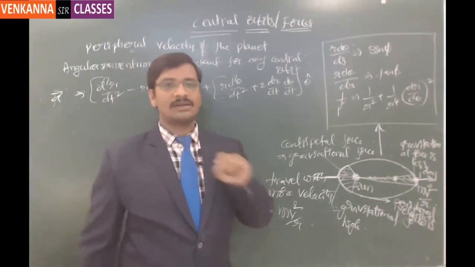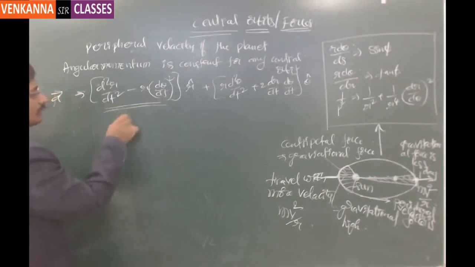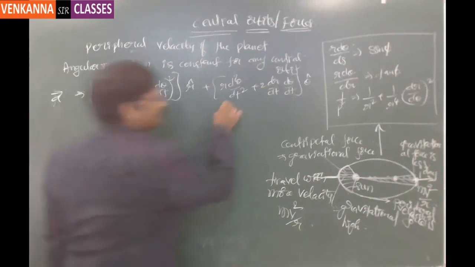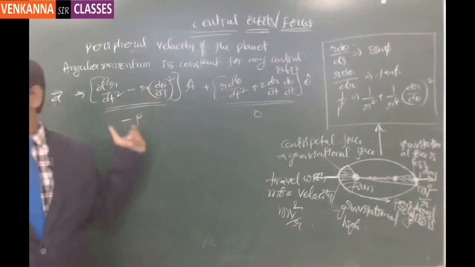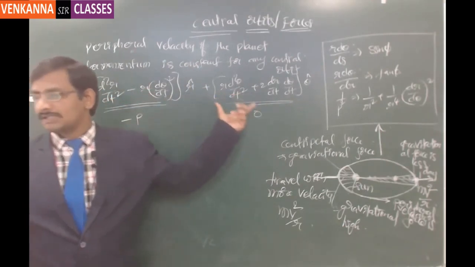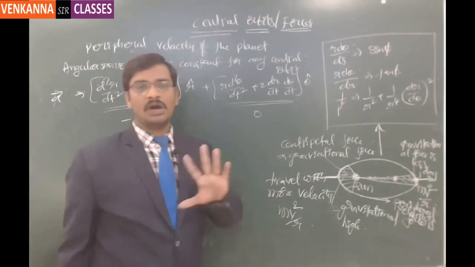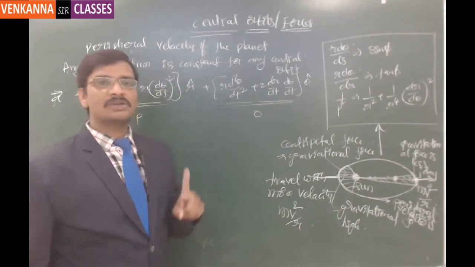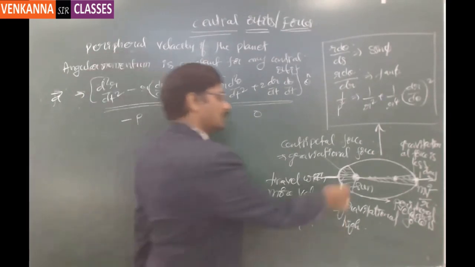Now for a central orbit, we proved that the radial acceleration is always equal to minus p, and the transverse acceleration is always equal to 0. By central orbit, we mean the line of action of the attraction has to always pass through a single point.